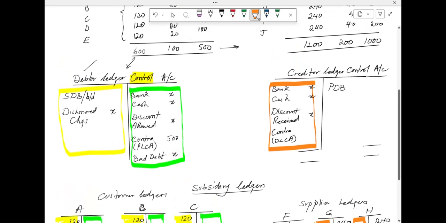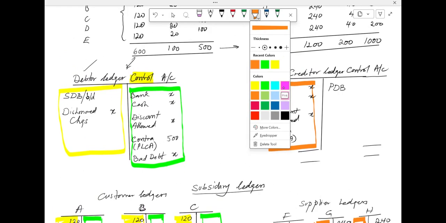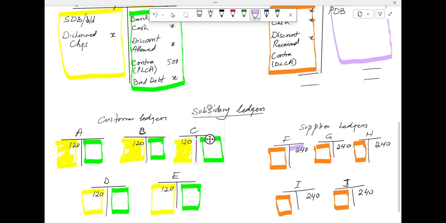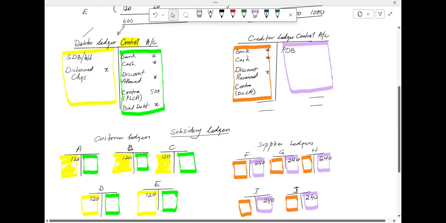The other thing is whatever will appear on the credit side of the creditor ledger control account will appear on the credit side of the individual suppliers.